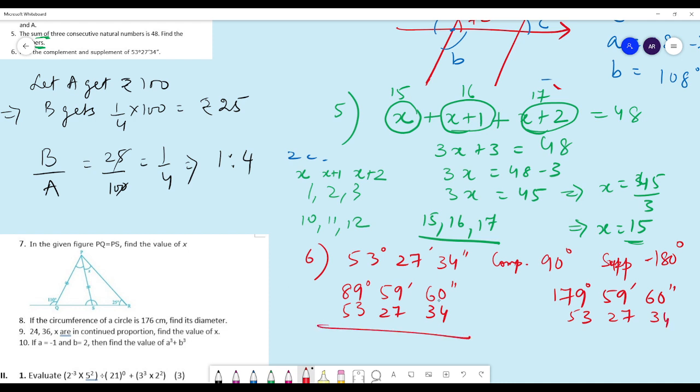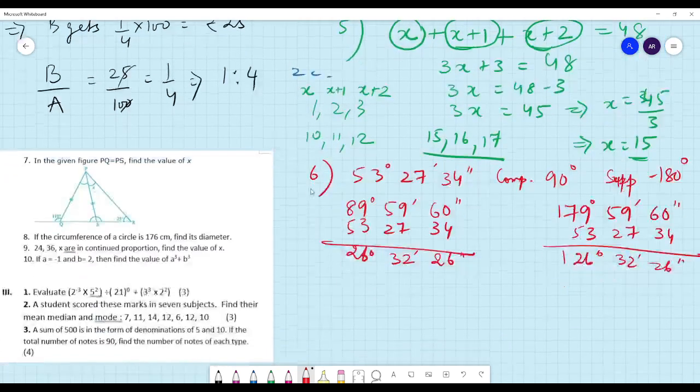So what should be your answer? Over here you got 26 minutes, 32 seconds and 26 degrees. Over here it remains the same, 32 minutes and 126 degrees. So that should be your answer for question number 6 given over here.